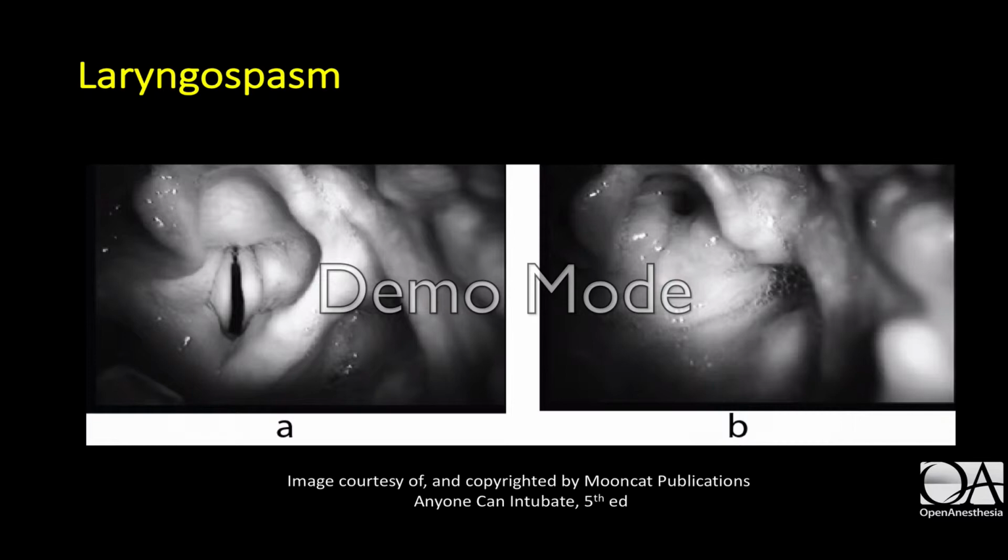In contrast, during complete laryngospasm, in addition to the closure of the false vocal cords, there is apposition of the laryngeal surface of the epiglottis and the interarytenoids, which results in complete cessation of air movement and absence of end-tidal CO2 tracing.